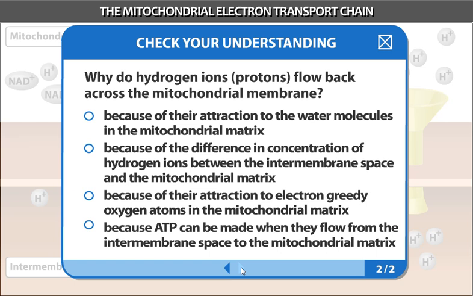Why do hydrogen ions or protons flow back across the mitochondrial membrane? Because of their attraction to the water molecules in the mitochondrial matrix, because of the difference in concentration of hydrogen ions between the intermembrane space and the mitochondrial matrix, because of their attraction to electron-greedy oxygen atoms in the mitochondrial matrix, or because ATP can be made when they flow from the intermembrane space to the mitochondrial matrix.